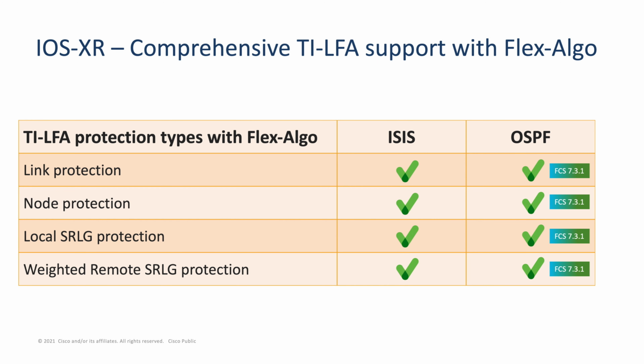With this release, we bring comprehensive TI-LFA protection for FlexAlgo using link protection, node protection, local SRLG, and weighted remote SRLG for OSPF in 7.3.1. For those of you who are running ISIS, the support for ISIS with LFA and TI-LFA protection with FlexAlgo was already shipping before 7.3.1. So the support was already there.